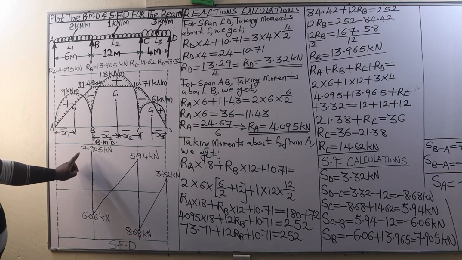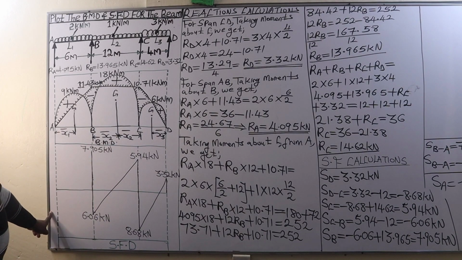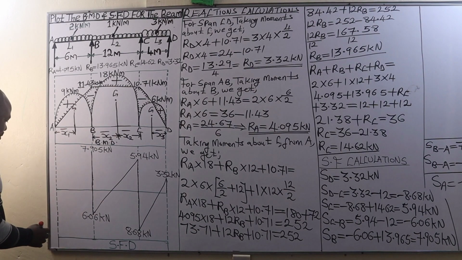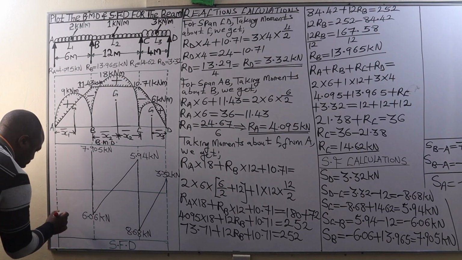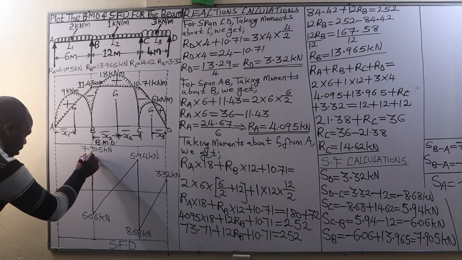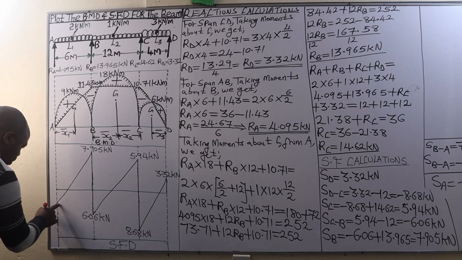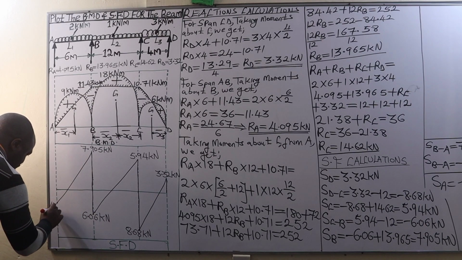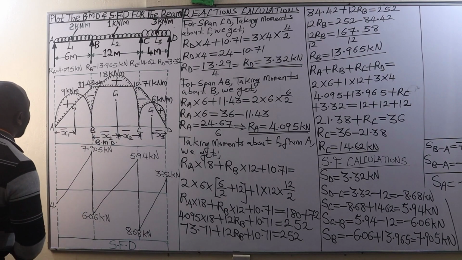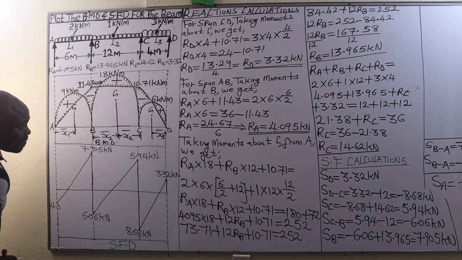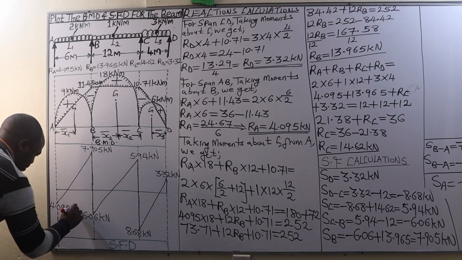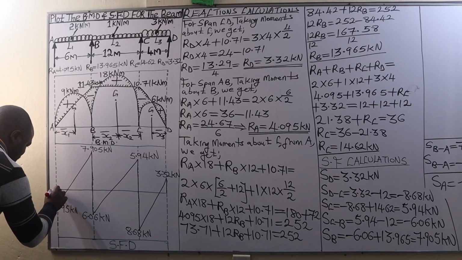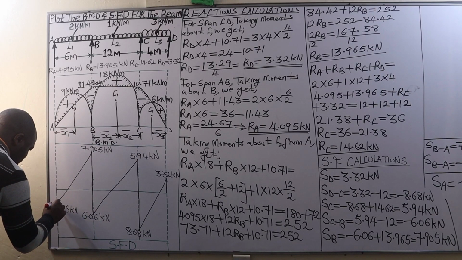Then the shear force between B and A changes from 7.905 to negative 4.095. So negative 4.095 approximately there. So we join that to 4.095 kilonewtons.